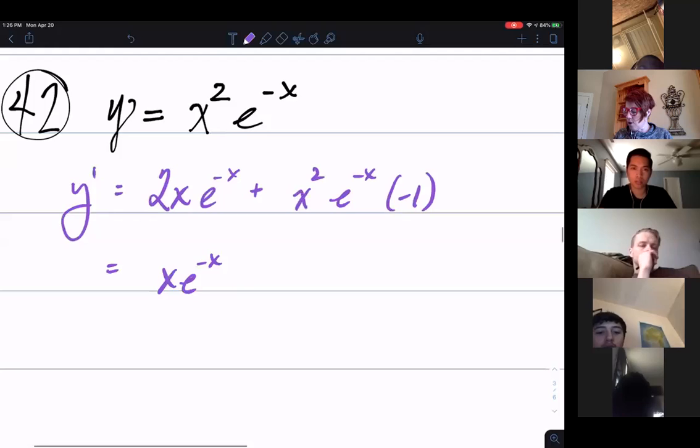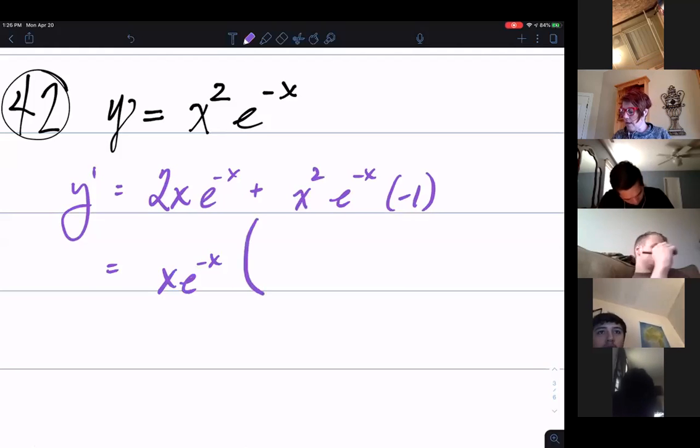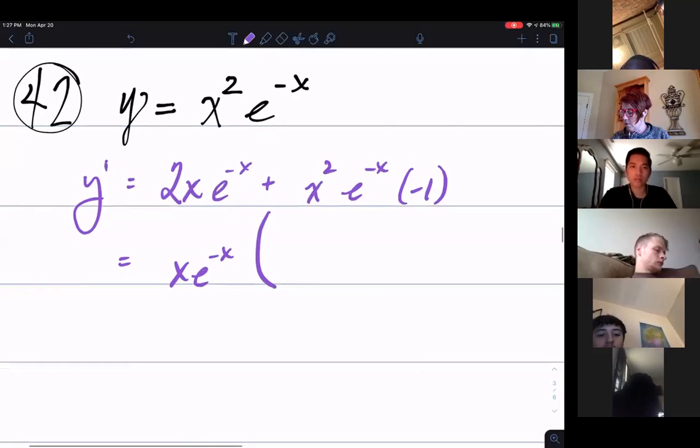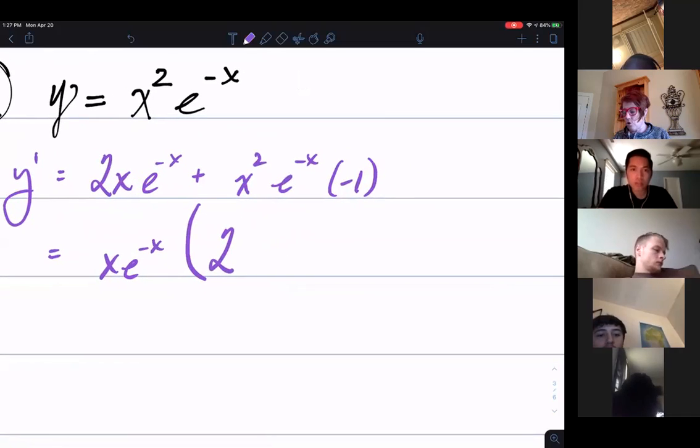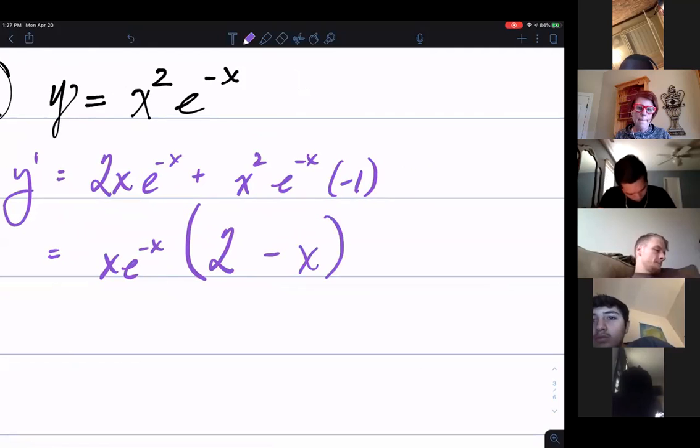You also have an x. Okay, so then look at the first term. What's left over? Just the 2. Now look at the second term. What's left on the second term? Negative x.